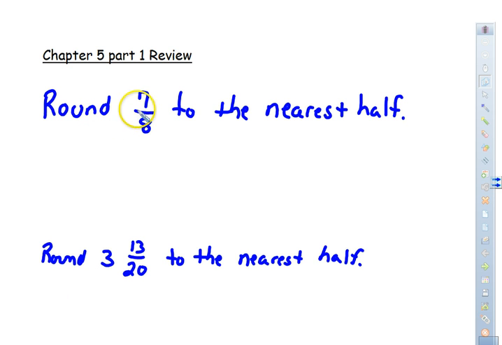So the first part says that we're going to round 7/8 to the nearest half. When you're trying to round, there's a couple different ways you can look at it. One way is to think of a number line, and you've got 8/8, which equals 1 whole, and 0/8 equals 0.